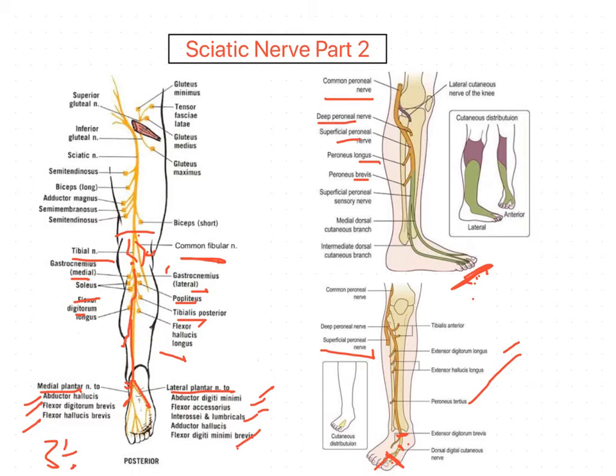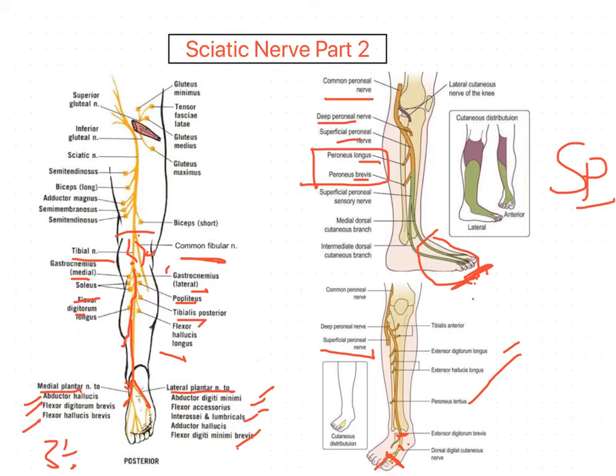These are all the cutaneous supply by the superficial peroneal nerve. So the superficial peroneal nerve mainly supplies the peroneal group, and most of the dorsum of the foot is supplied by its cutaneous branches.